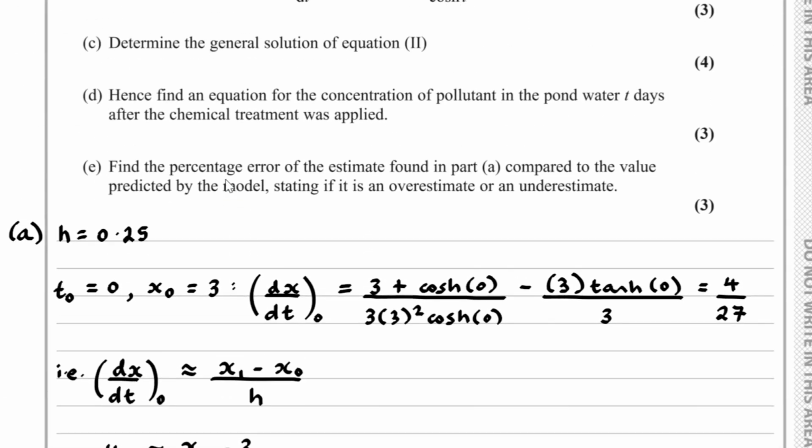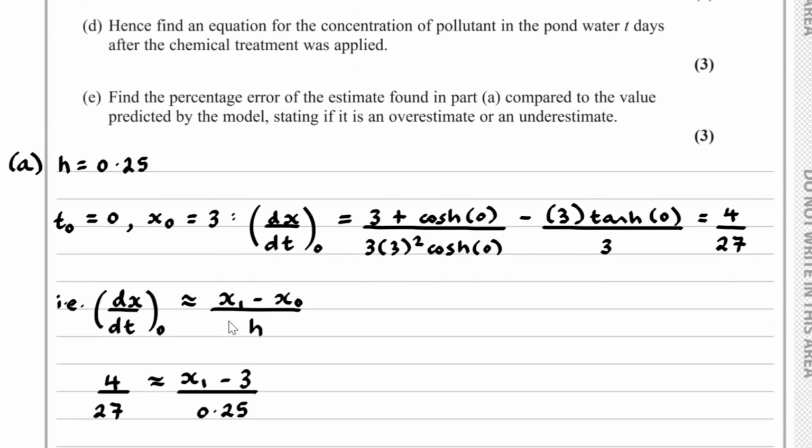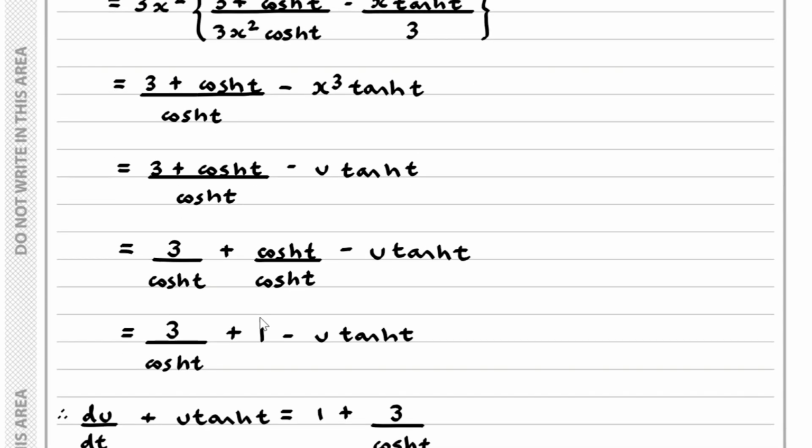And now for part E, we have to find the percentage error of the estimate found in part A compared to the value predicted by the model, stating if it's an overestimate or an underestimate.